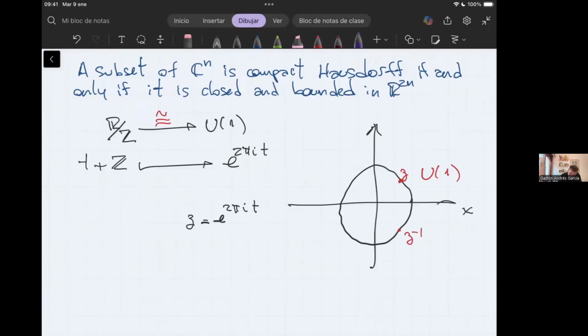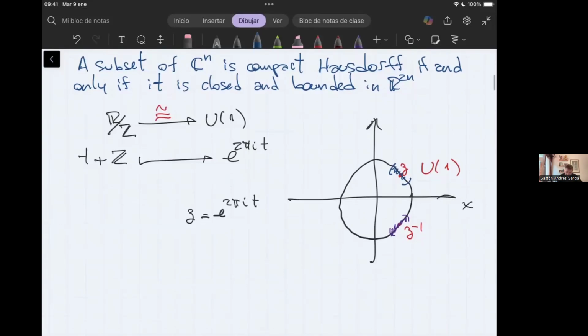And if we take any open interval containing our z to the minus 1, the image is exactly an open interval here. So you see that by drawing, the inverse is a continuous map. So this is more or less how to prove that the inverse is continuous, in this case, if we're looking only at this topology. And in the next examples, I'm going to say how we prove that everything is continuous.